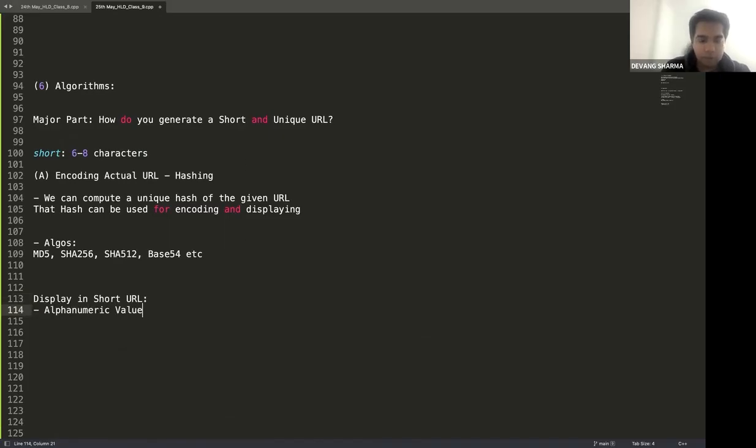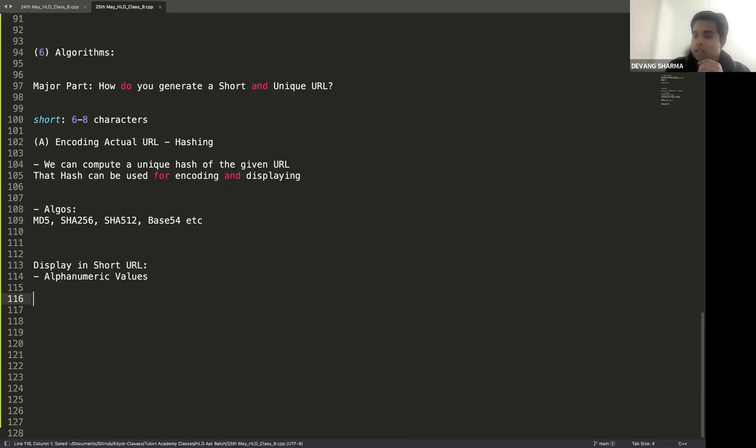What do you mean by alphanumeric values? These tiny URLs that I'm going to generate, which are going to be of 6 to 8 characters, are only going to contain A to Z, capital A to capital Z, or 0 to 9. That's it. We are not talking about any hash or percentage or spaces or any other additional characters.